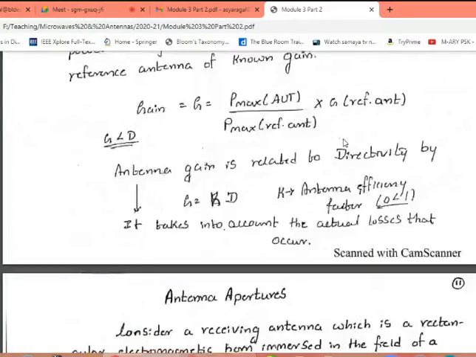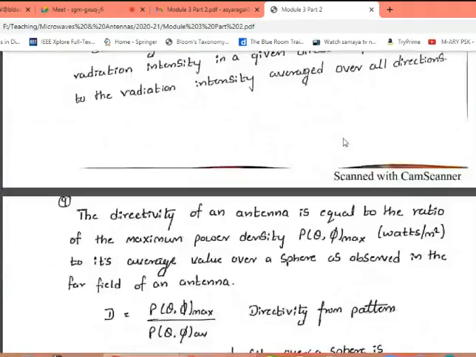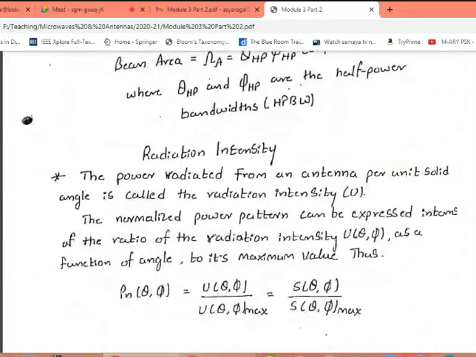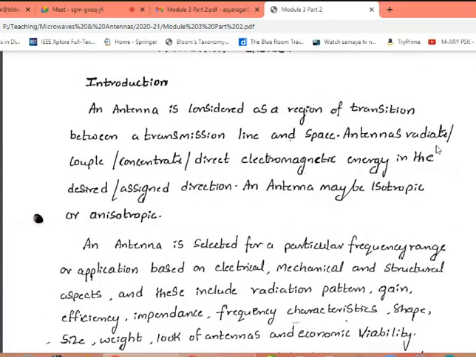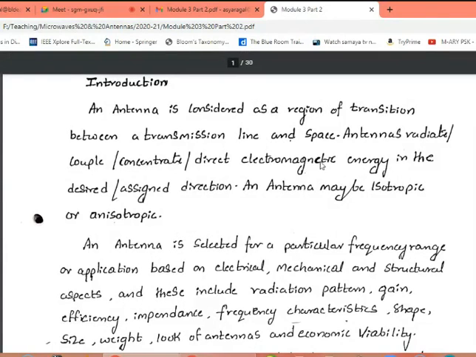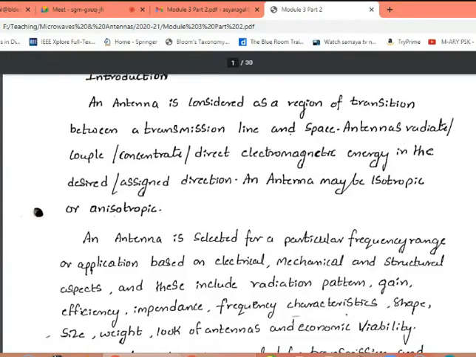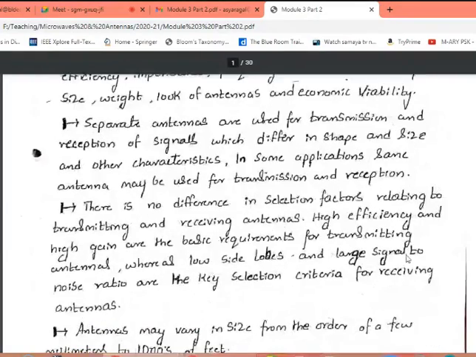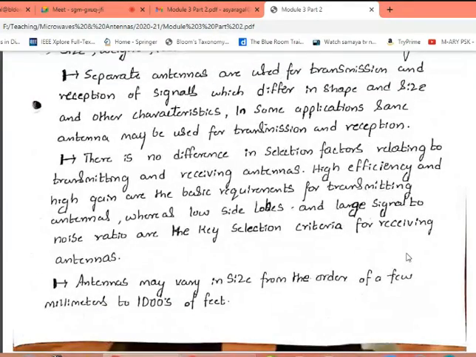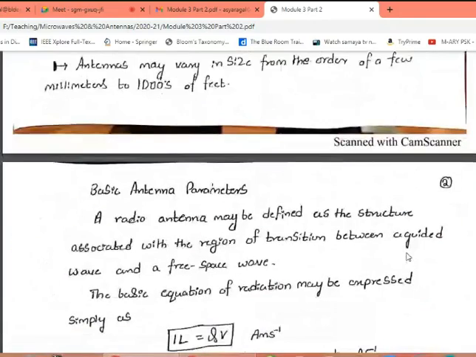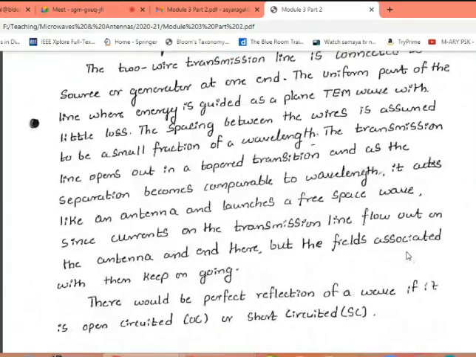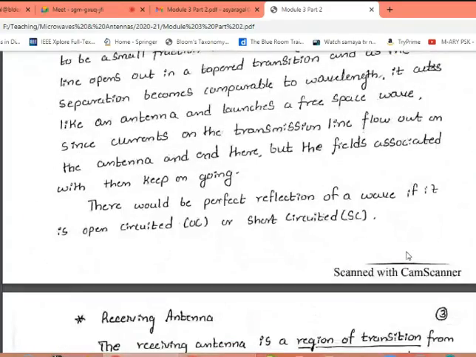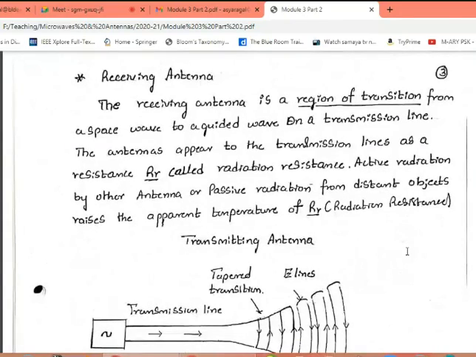Let us have a revision of what we have done. We tried to introduce what exactly an antenna is, and what exactly isotropic and non-isotropic antennas are. What are the selection parameters we require, and what are the key factors in identifying the transmitting and receiving antenna. Thereafter, we tried to understand the equation of radiation, then the transmitting antenna and receiving antenna diagrams, and how exactly they function.